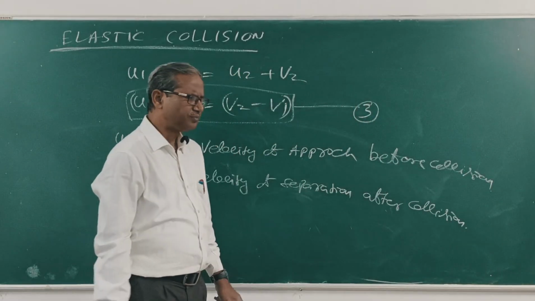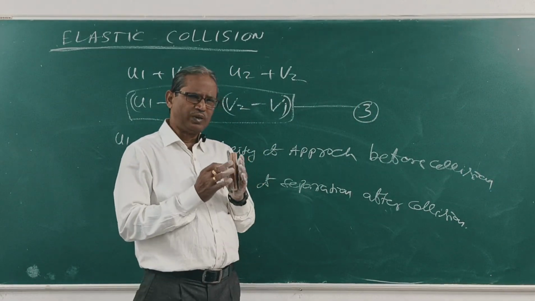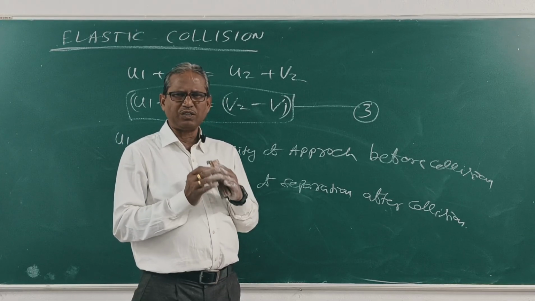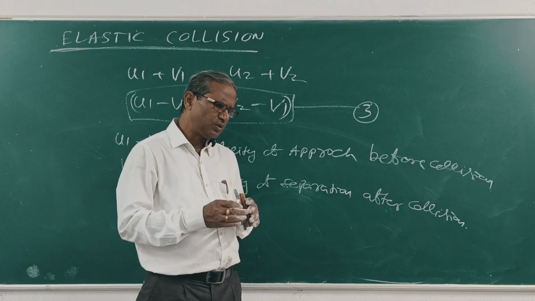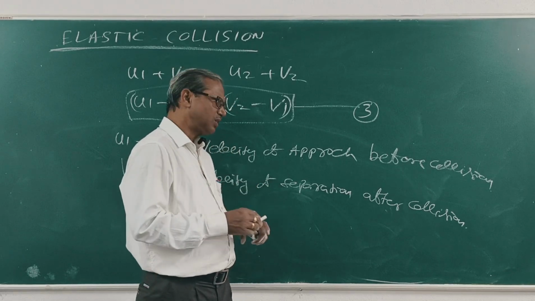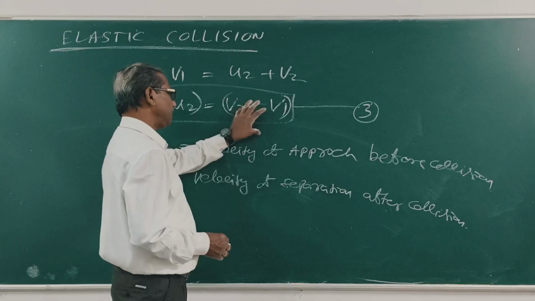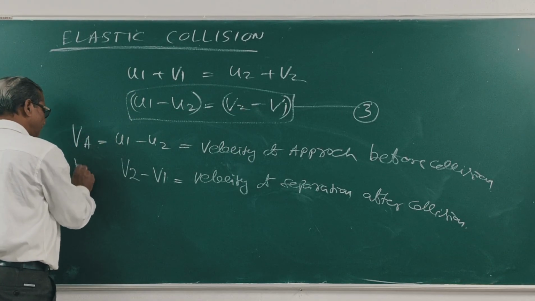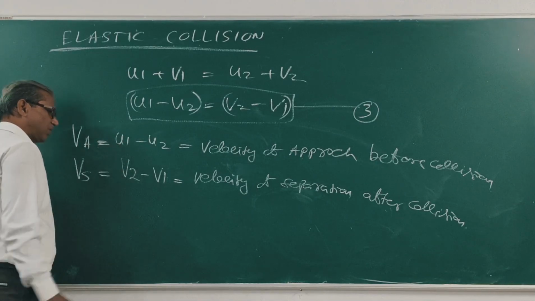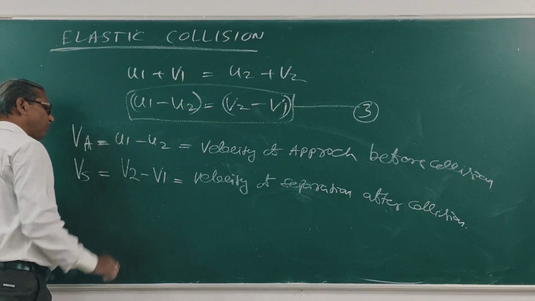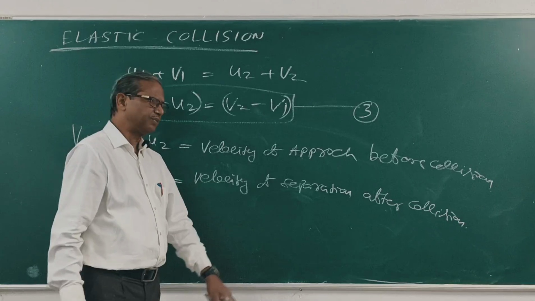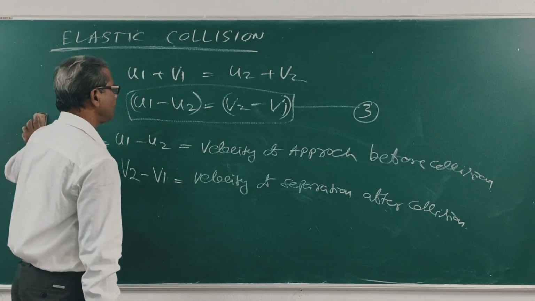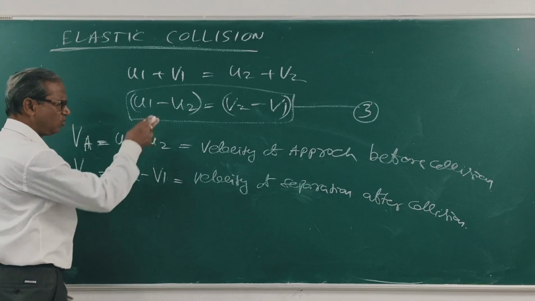Right? Now, in case of elastic collision, velocity of approach before collision is equal to velocity of separation after collision. Clear? This is VA, this is equal to VS. So in case of elastic collision, velocity of approach is equal to velocity of separation. Now solve equations 1, 2, 3. This is equation 1, 2, this is equation 3.